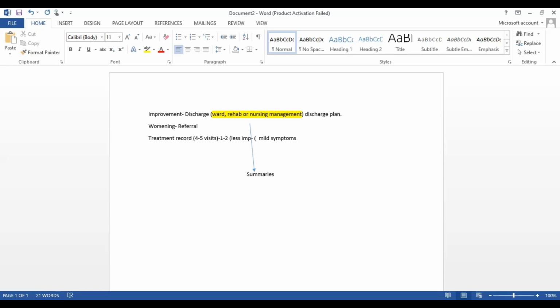So in the first two visits, we have mild symptoms, and in the third or fourth visit, we have worsening of the condition, and even the pathology shows some sign, such as HbA1c in case of diabetes.